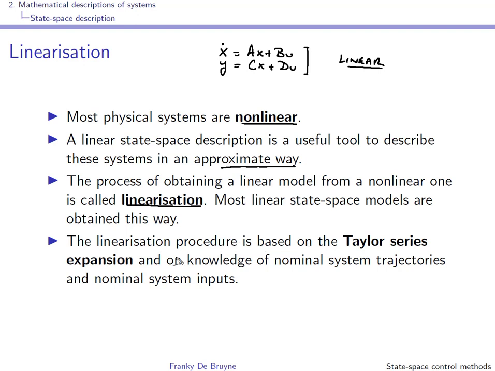Very often it will be based on a nominal point and a nominal system input. We have to, of course, remember that the control law that is based on these linearized models is only valid around these nominal trajectories.